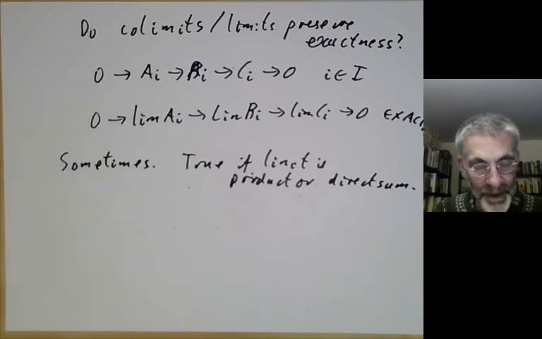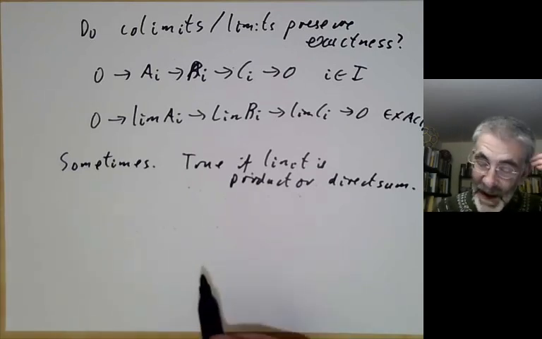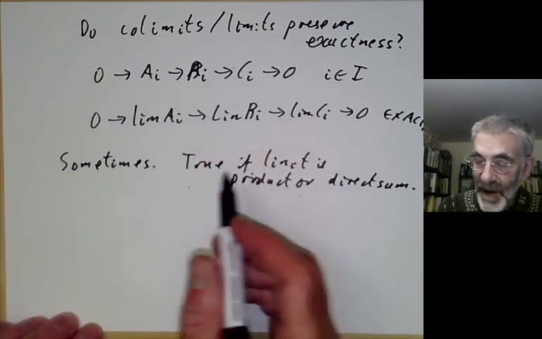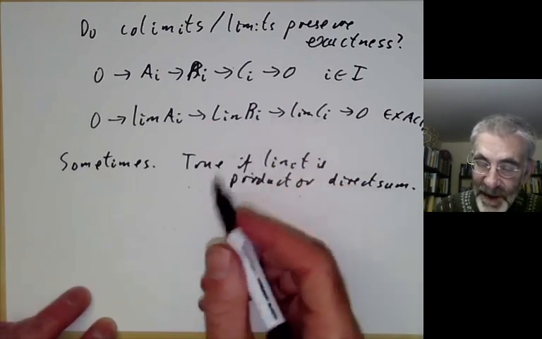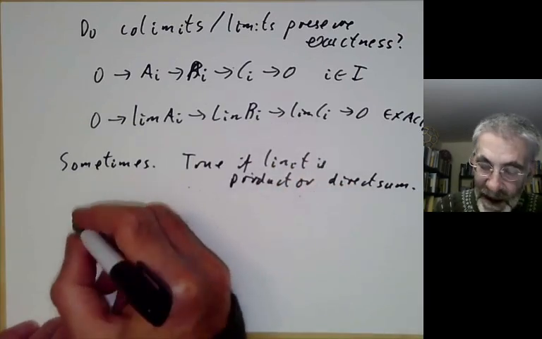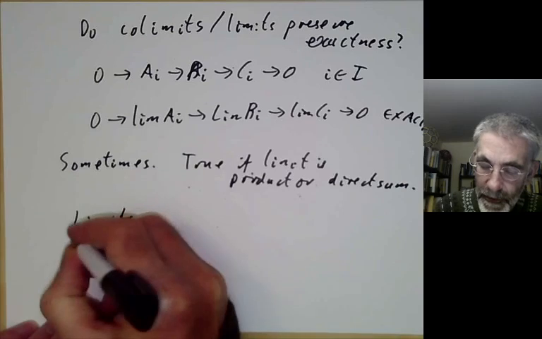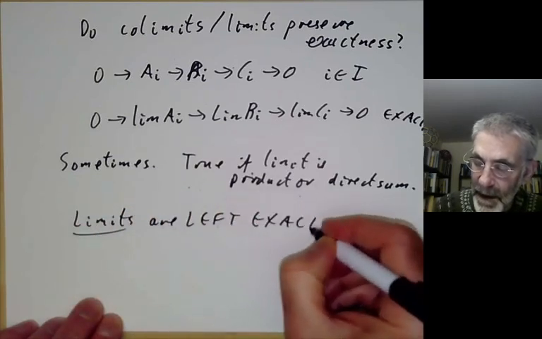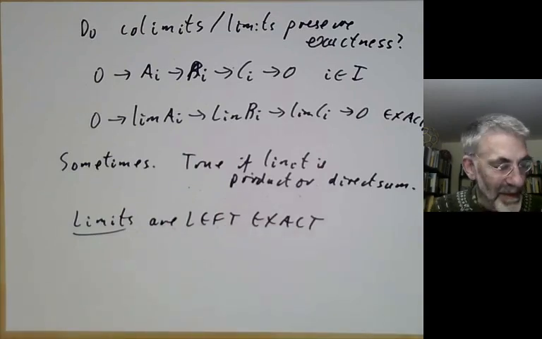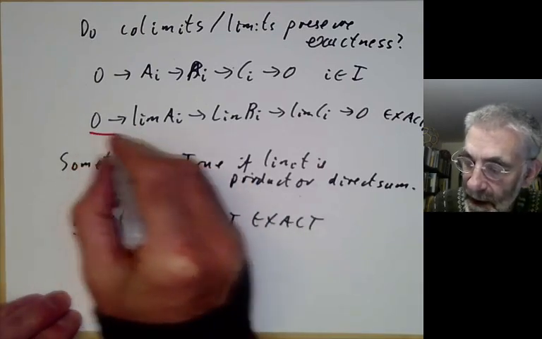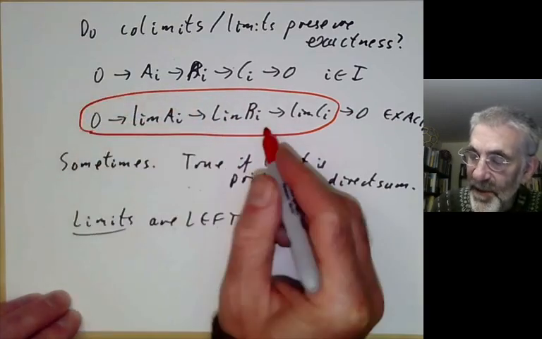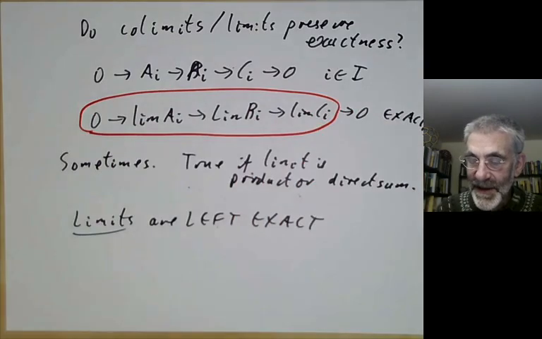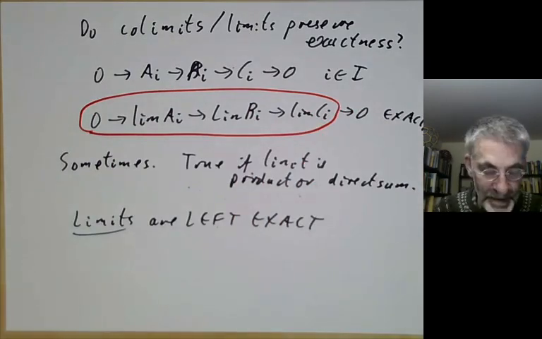There's one easy case when it does preserve some exactness, and this is that limits are left exact. So the limit is always exact on this bit, but the map from here to here is not necessarily surjective.